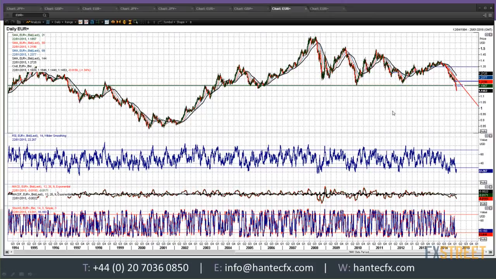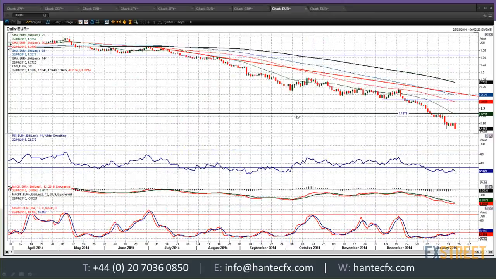So that's where I think euro could be coming back to ultimately. But it certainly looks at the moment like it's breaking down once again. These momentum indicators across the board are pretty weak and pretty terrible, nothing really positive to talk about on that.